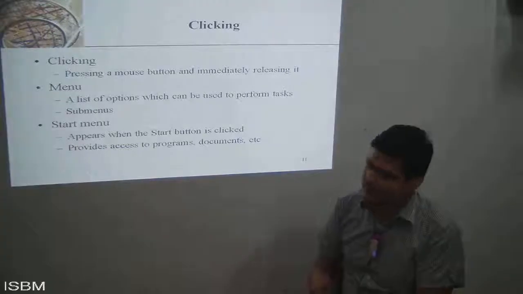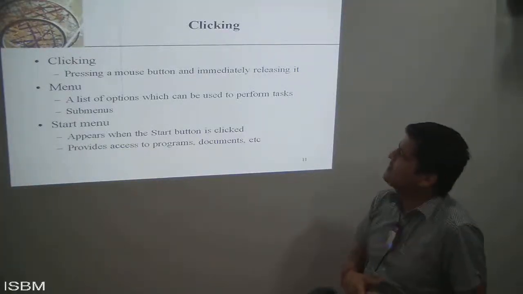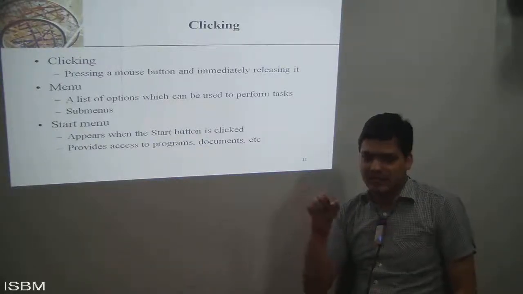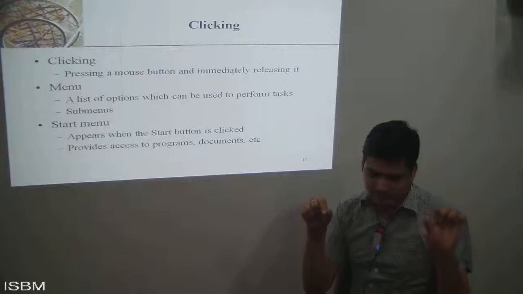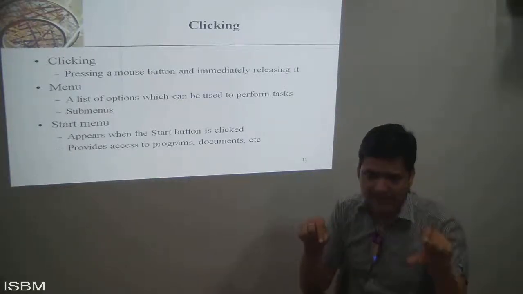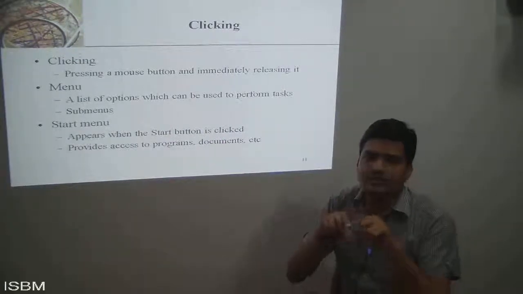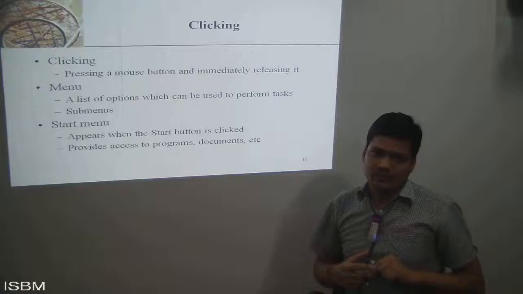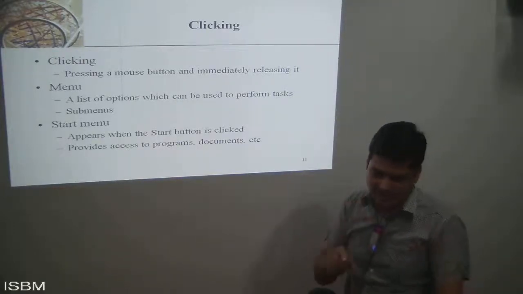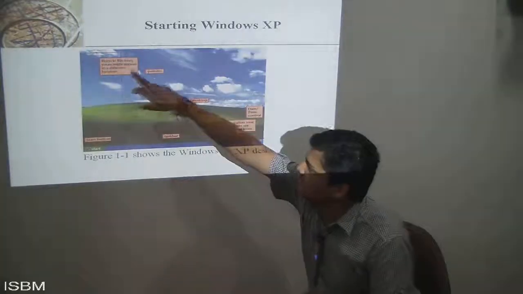So next is clicking. Clicking is pressing a mouse button and immediately releasing it. Just like I want to pick some object, I want to take some object, I click on that object with the help of the mouse, and that object will open. Just like my computer is there on my desktop, and here the recycle bin is on my desktop.